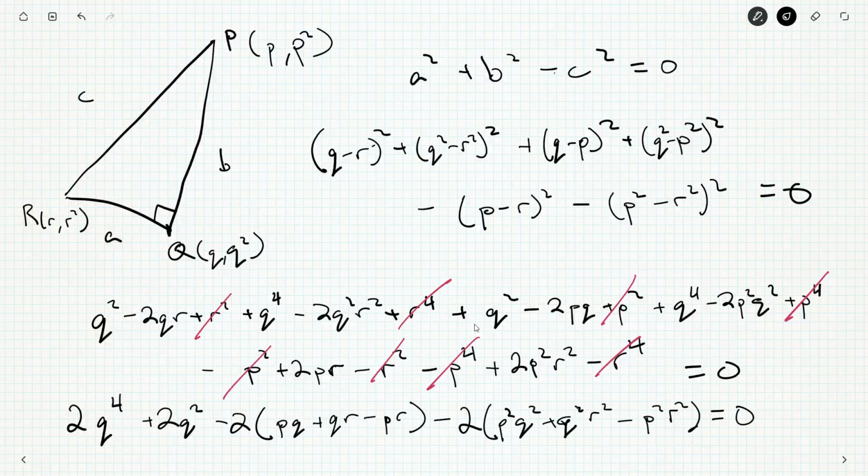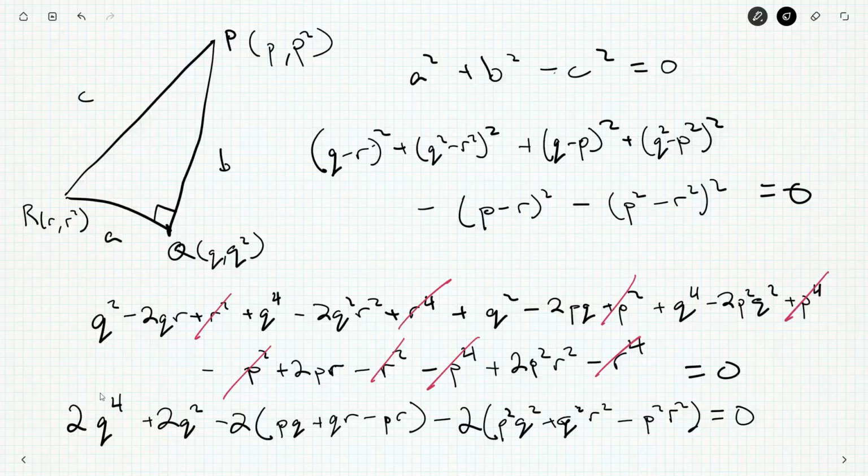Okie dokie. So I was hoping that somewhere in here we'd be able to factor out a 2q plus p plus r. But I'm not seeing anywhere that might happen.